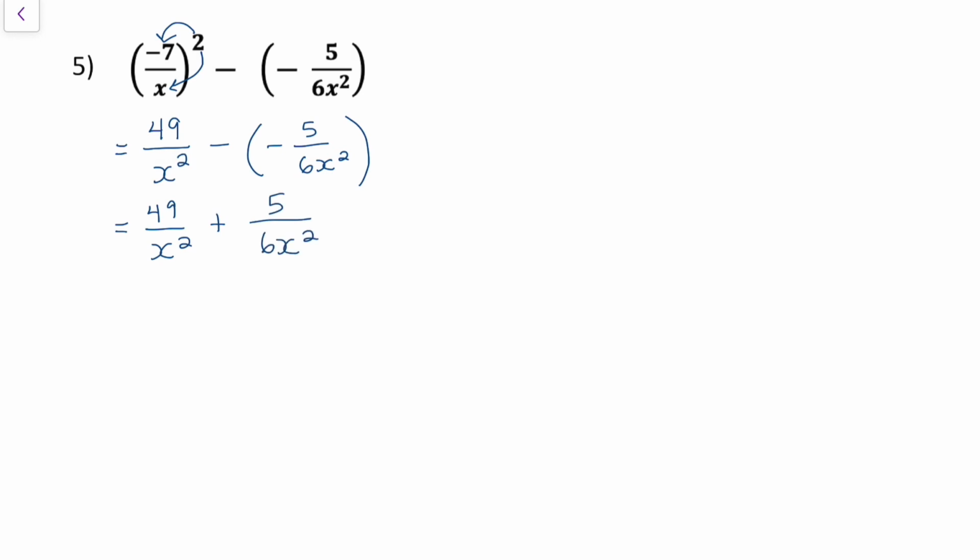And so I want to find a common denominator between x squared and 6x squared, and that is going to be 6x squared, because I can times x squared by 6. So I want both of these to be fractions over 6x squared. My second fraction already is. My first one I have to times by 6. I'm going to do 49 times 6, which is 294.